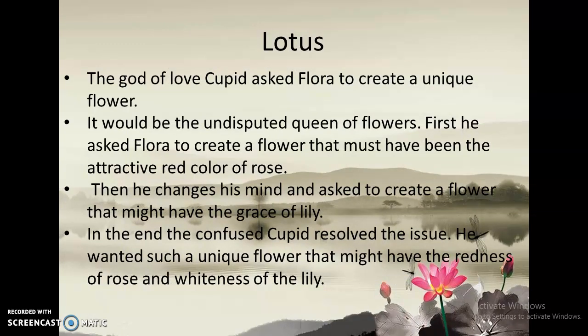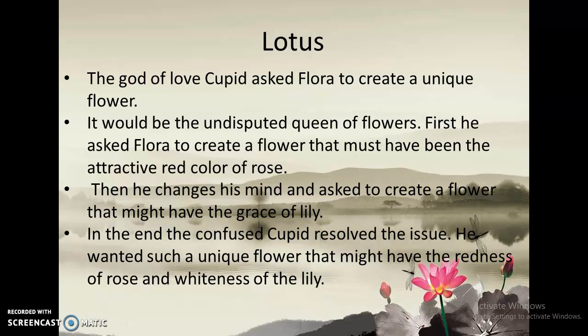So now, god of love Cupid asked Flora to create a unique flower. He rejected the claims of both flowers, rose and lily, and he asked Flora that he wants a unique flower. And it would be the undisputed queen of flowers. First, he asked Flora to create a flower that must have the attractive red color of rose.